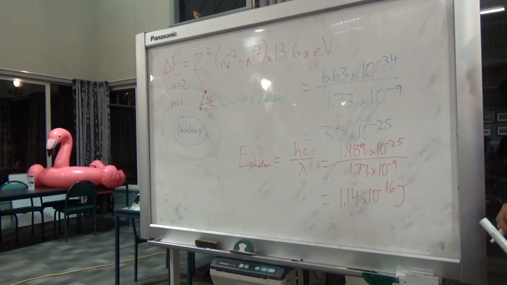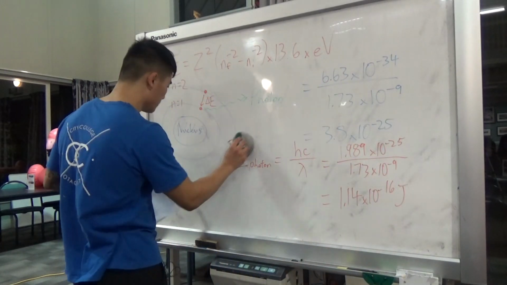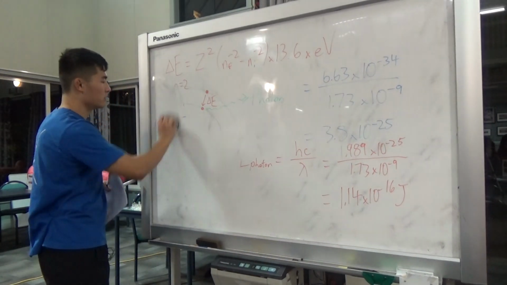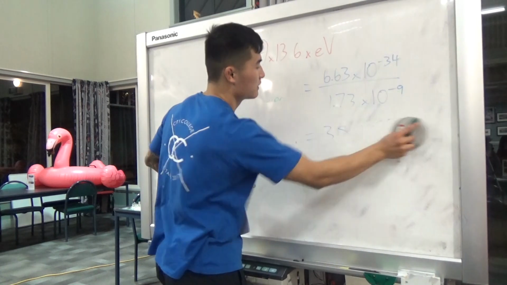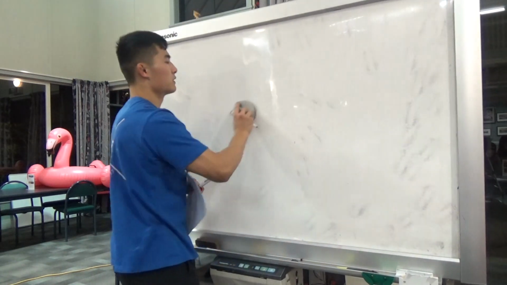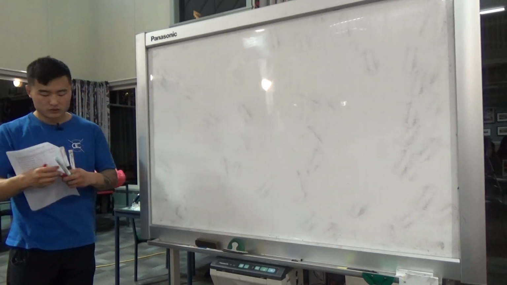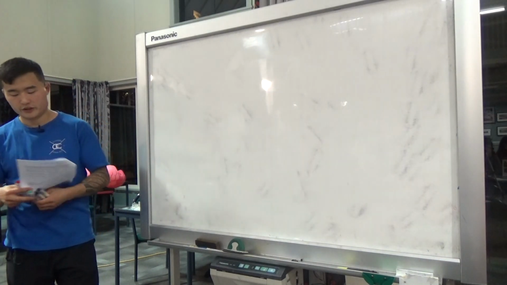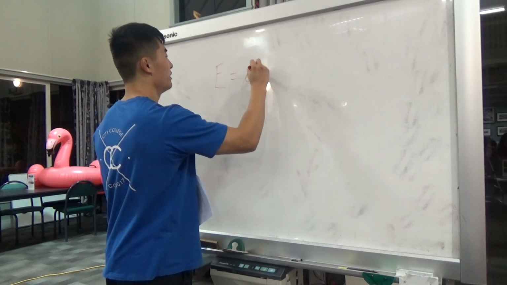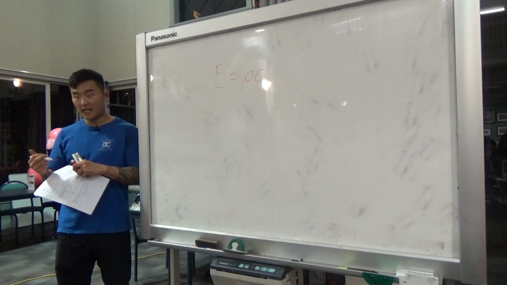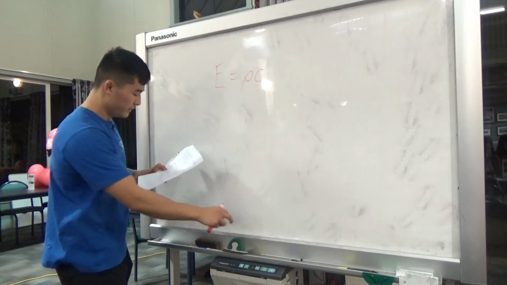Okay. So also if you want to use the momentum to calculate the energy, the equation is energy is equal to the momentum times the speed of light. Okay, so that's your other equation to turn momentum into energy.